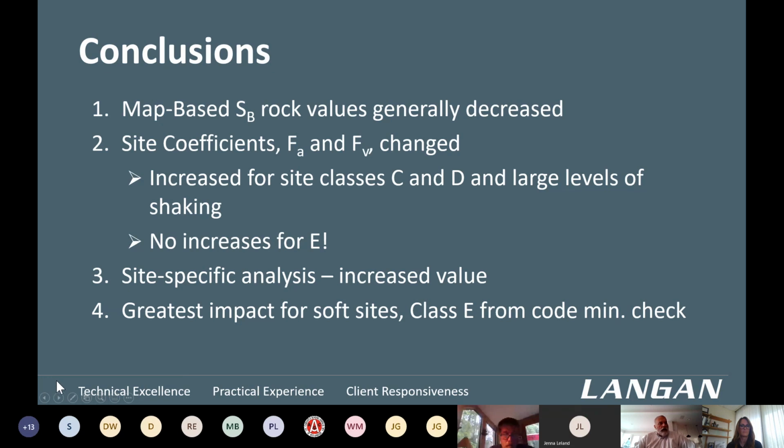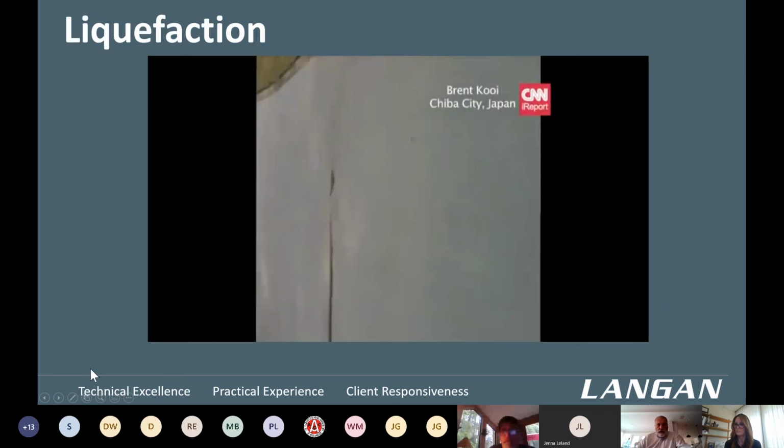And then for soft soils, there is going to be a big increase because of these minimum checks that I told you about. The values of these minimum checks have increased by almost a factor of 67% or so. So with that, my portion is done, and I turn it over.